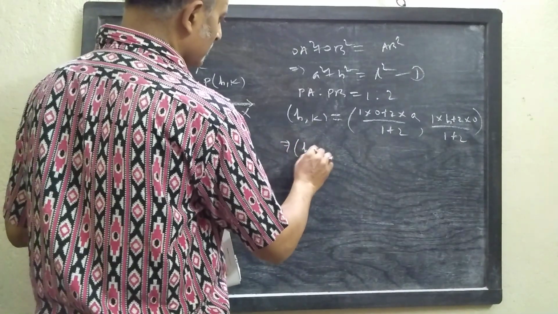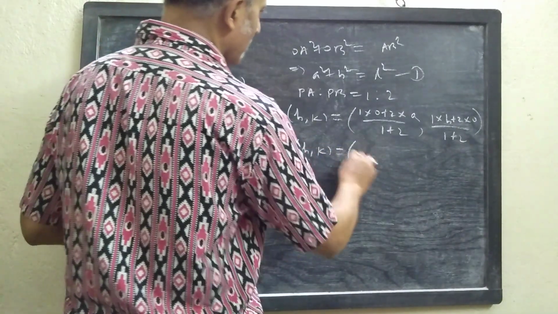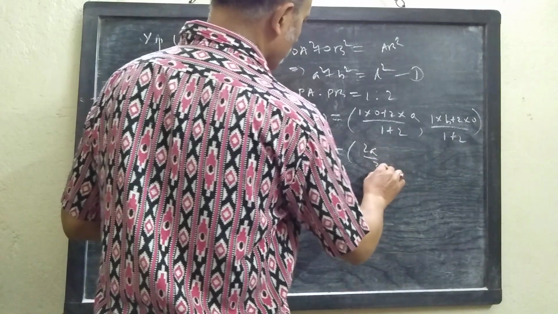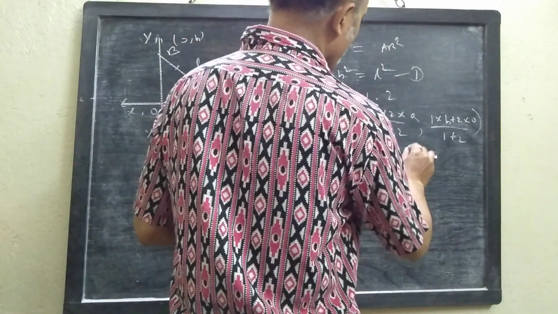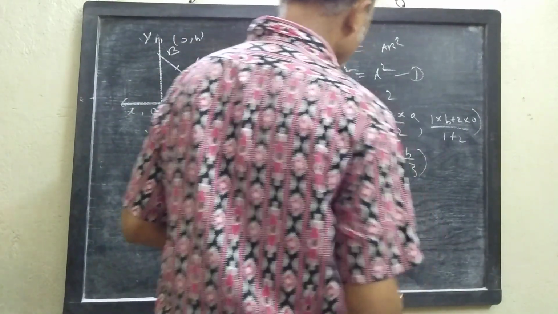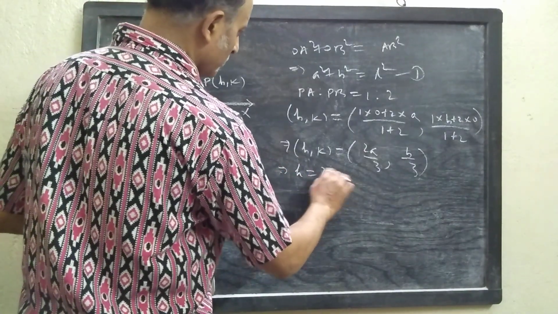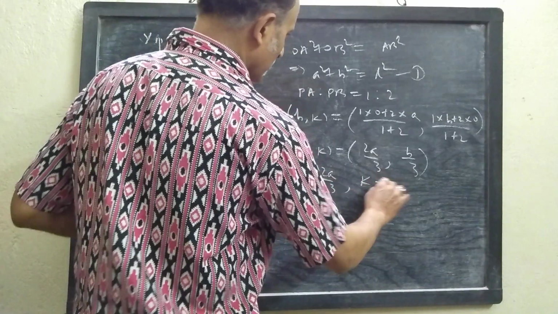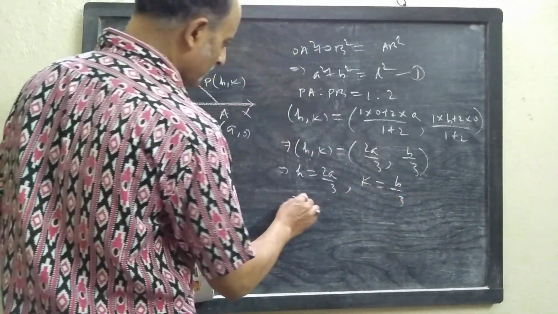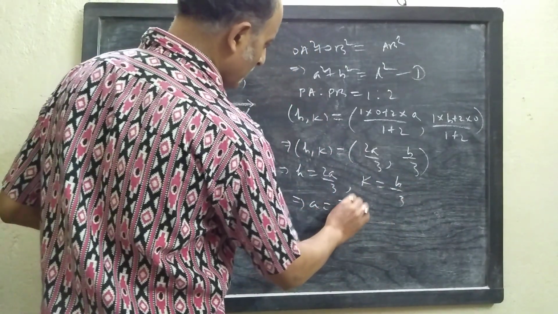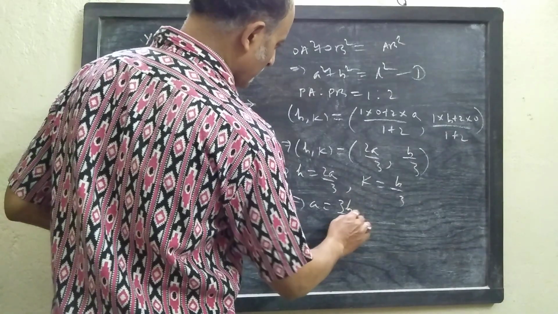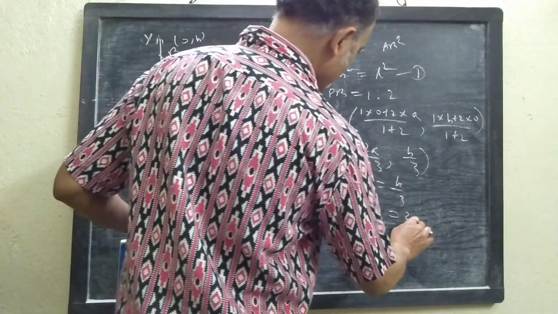That implies (h, k) will be (2a by 3, b by 3). So h equals 2a by 3, k equals b by 3. a will be 3h by 2, b is 3k.